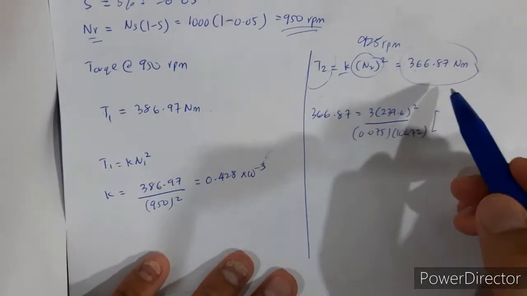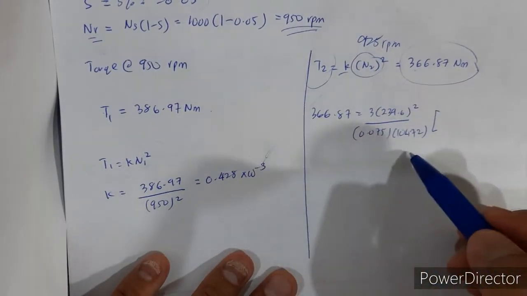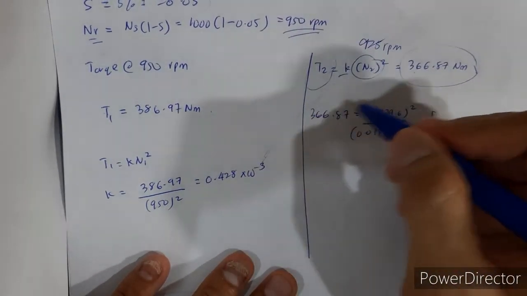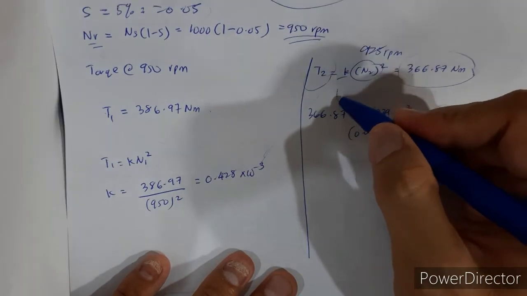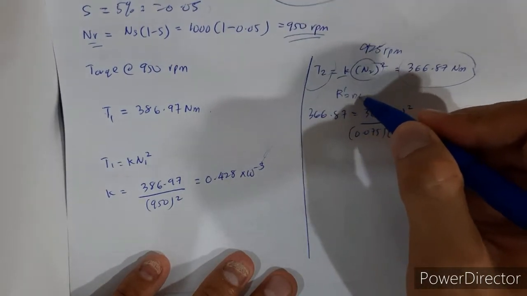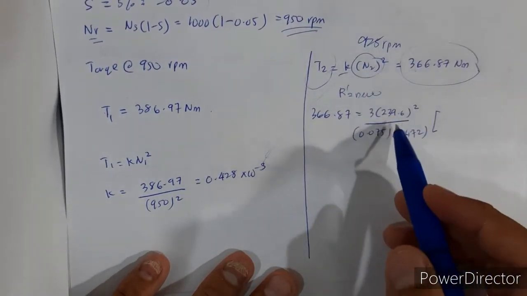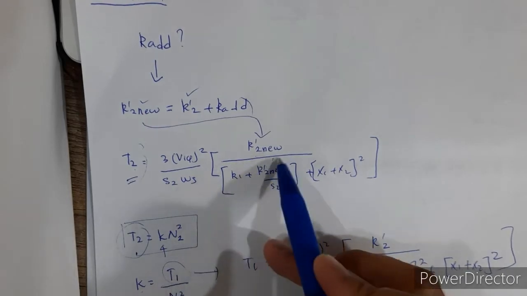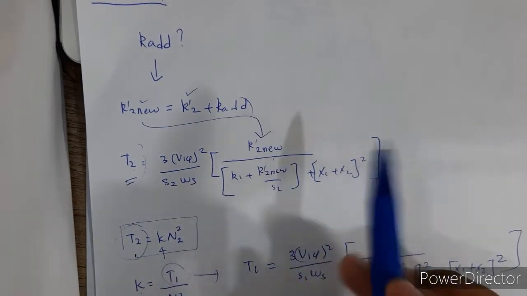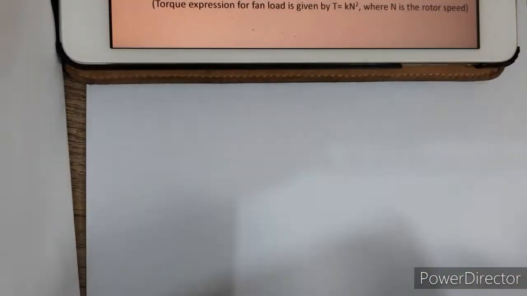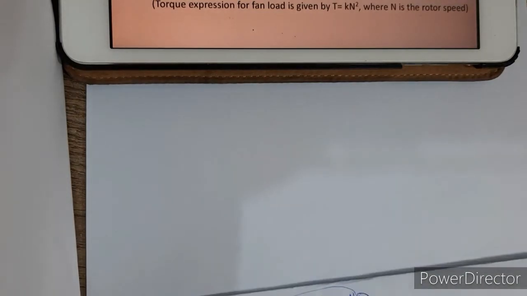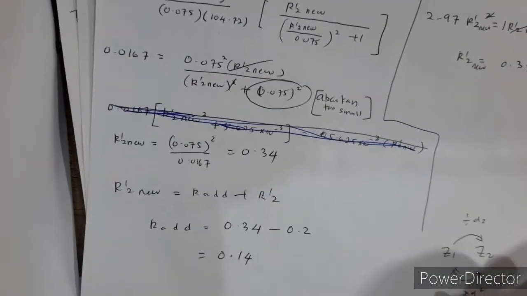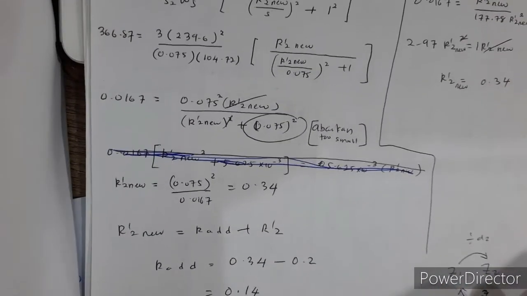And then after you get the T2, the next step is we want to determine R prime 2 new, by using this equation. 3 V phase squared over S2 omega S, R prime 2 new, and so on. What I want to show you is that some of the parameters we can neglect because they are too small.